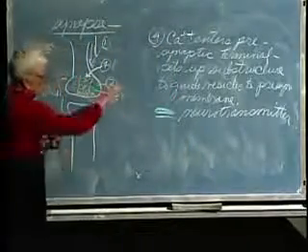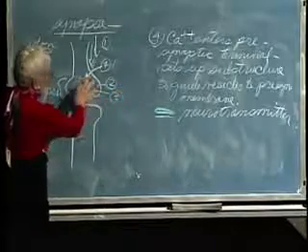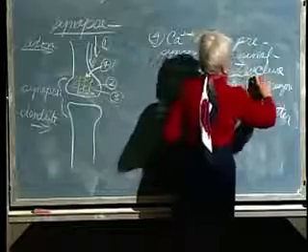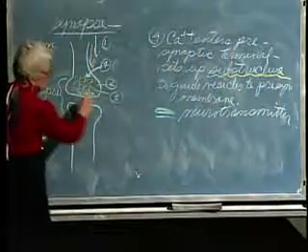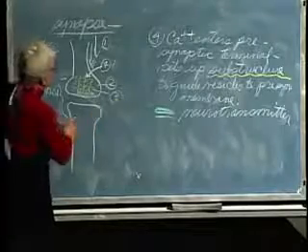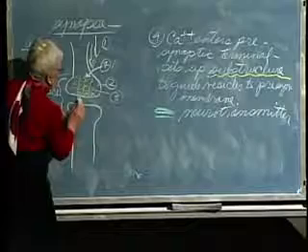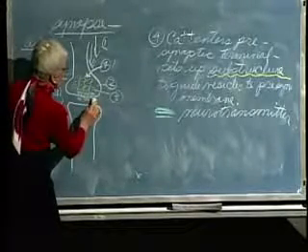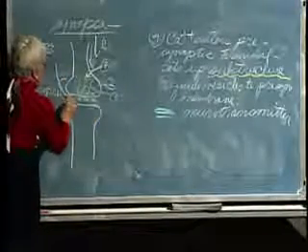And calcium enters, sets up the substructure, to guide the vesicles to the presynaptic membrane, to release the neurotransmitter. They open up and put the neurotransmitter in the synaptic cleft. This is my synaptic cleft.